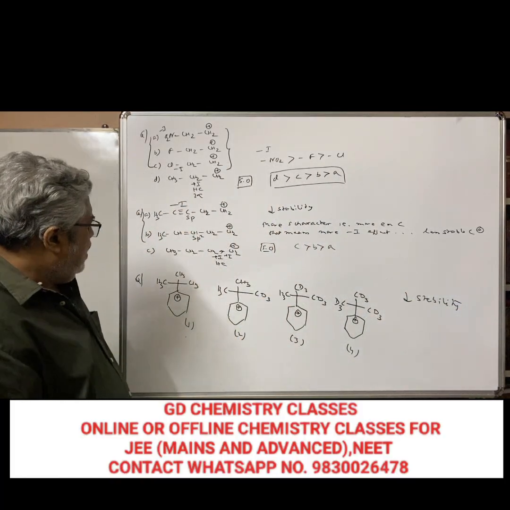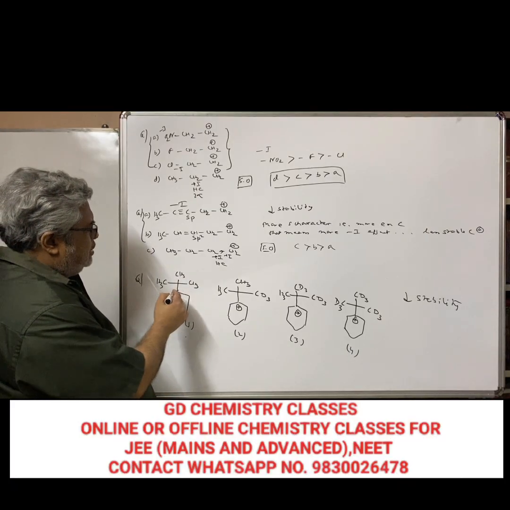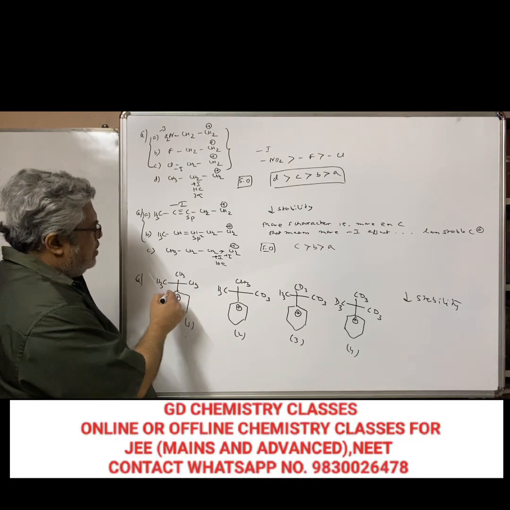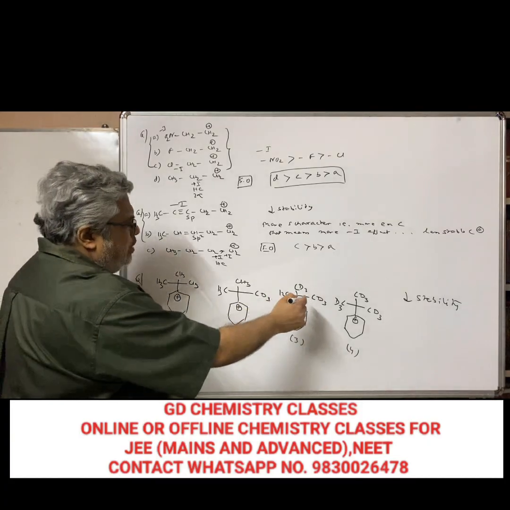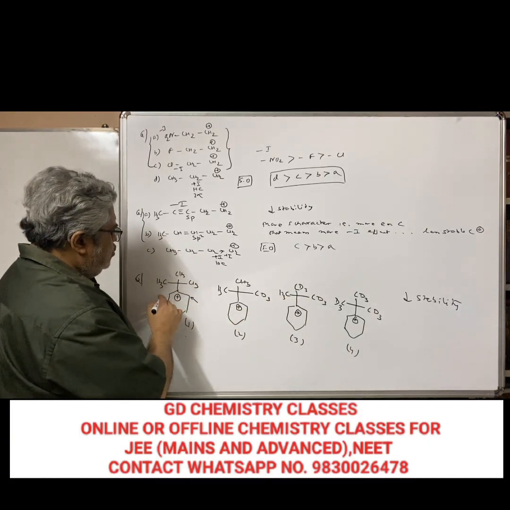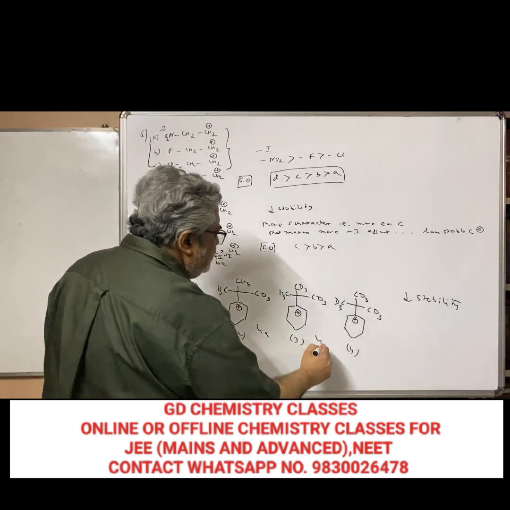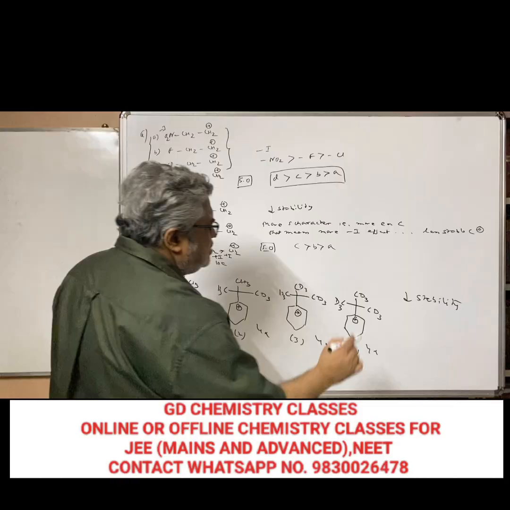Now, if you consider these carbocations, these two alpha hydrogen atoms are common in each of them. So each of them has these 4 alpha hydrogen atoms because of these 2 that are common in each of them. So we don't have to consider this.